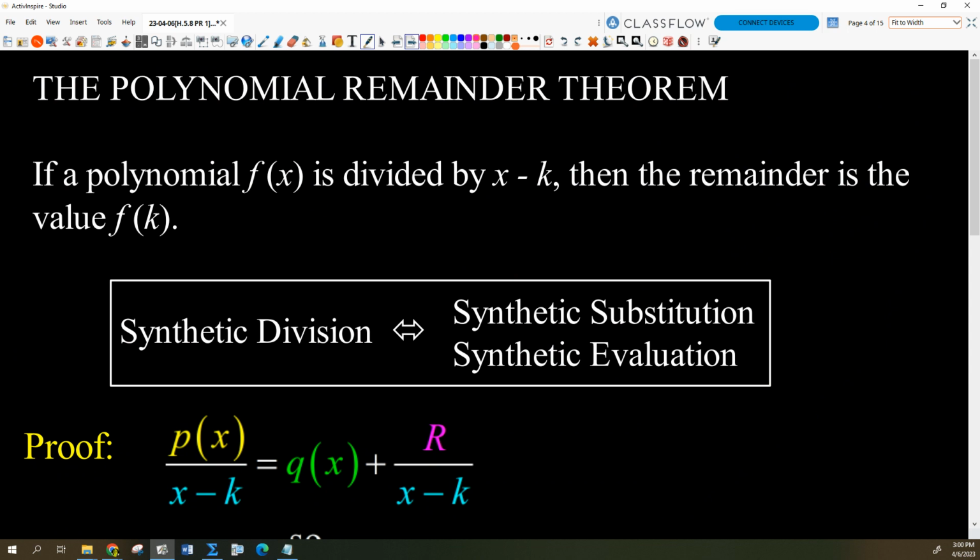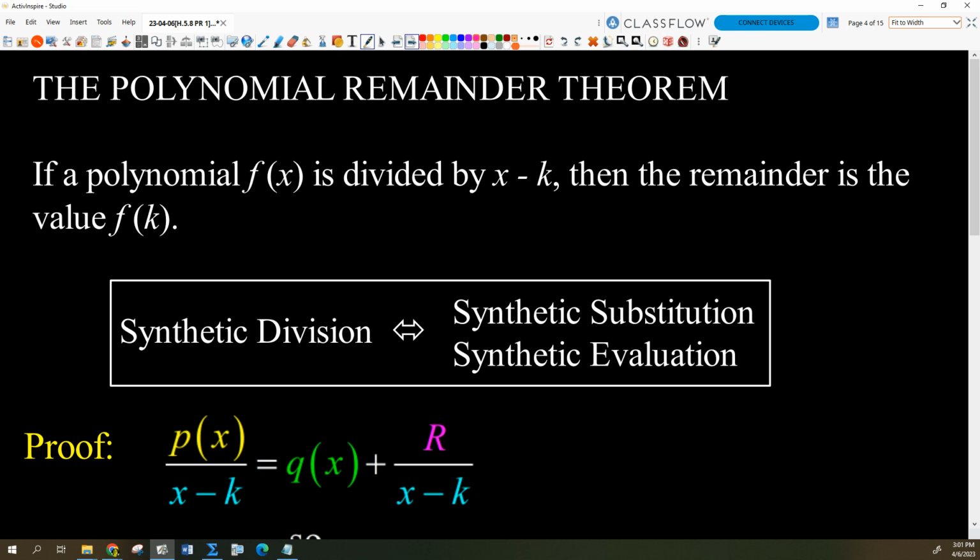We said that when we use the zero product property, if I had the factor x minus k, then the 0 that came out of that was k, right? Okay, so we can also make this association between a factor of a function and a 0 of a function, right? Okay, so we got all this stuff going on.